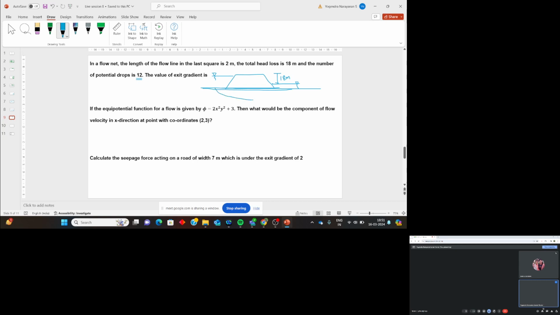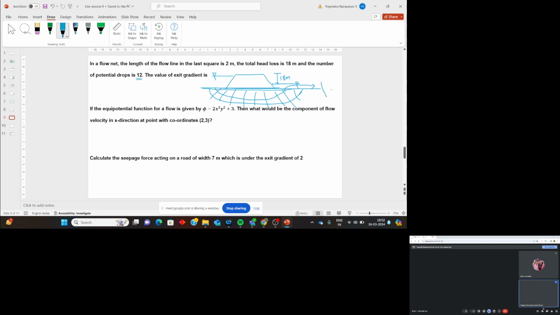Now this is the flow net, and maybe this will be the exit gradient.